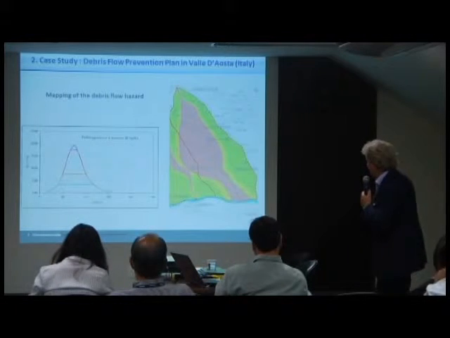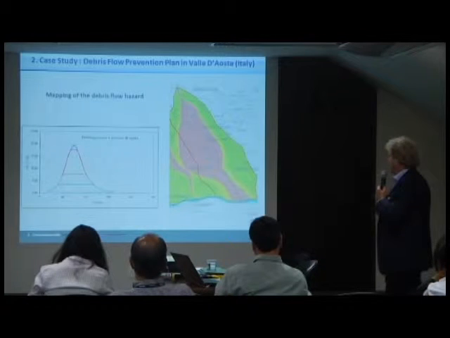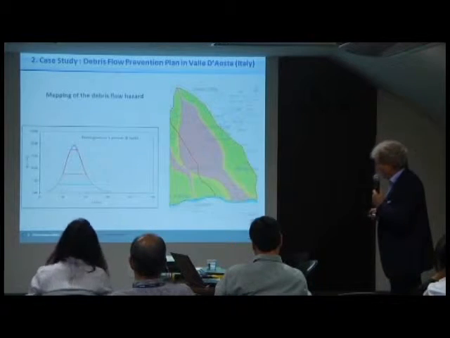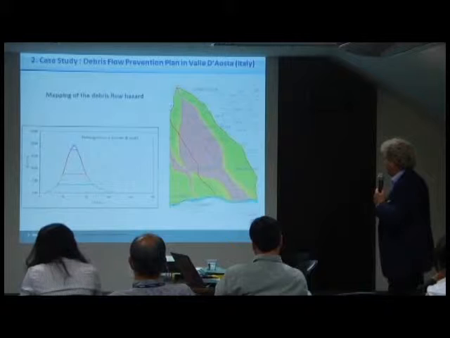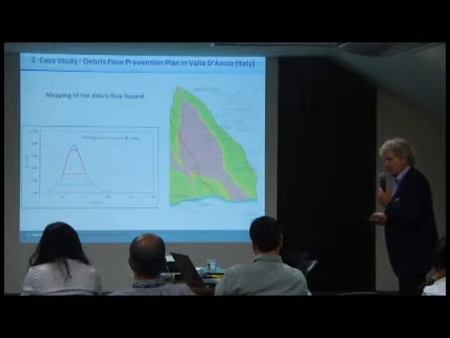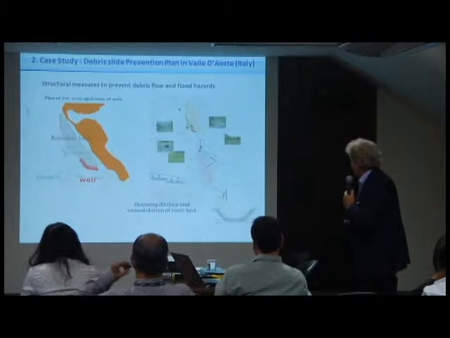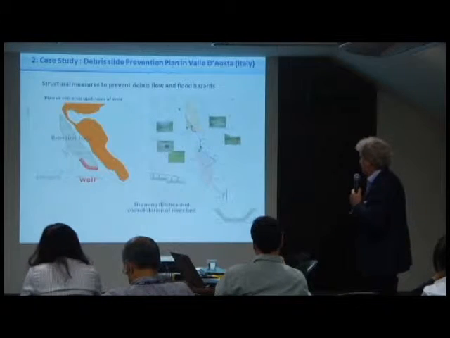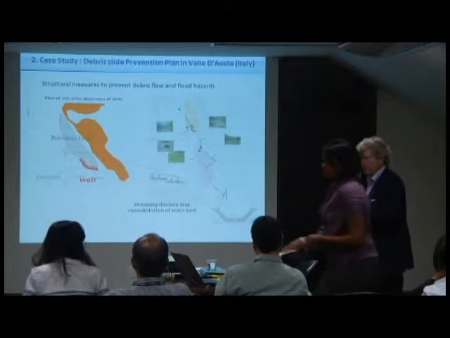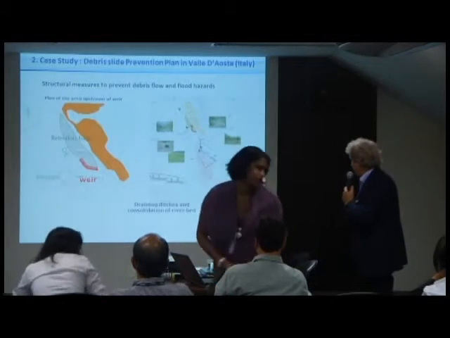Okay, using this map, we could make a diagram showing which are the volume of the retention tanks which are needed to prevent these events. And this has been used to make the calculation of the retention basins, which are one of the main solutions to solve the problem.